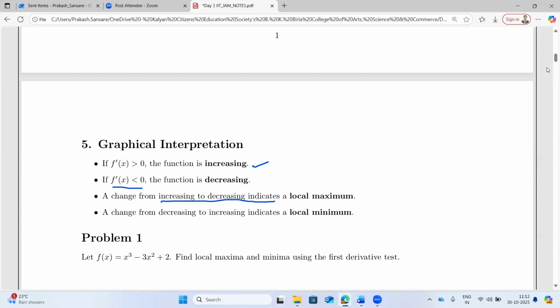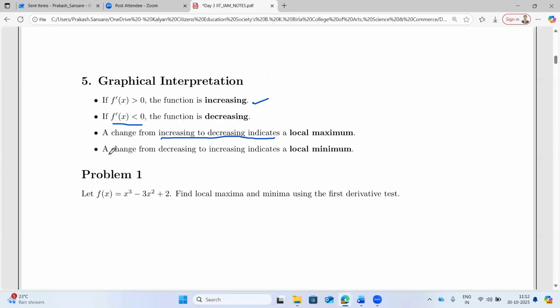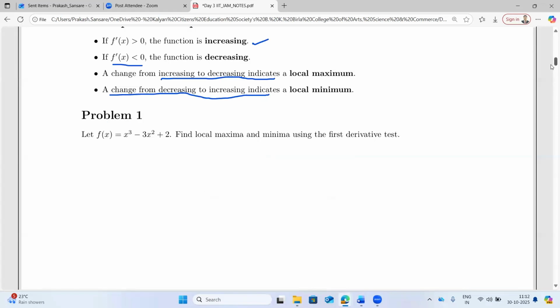Hence when f'(x) changes from positive to negative, it is a local maxima. So basically the function is going this way graphically, and this point is the local maxima. Similarly, when it changes from negative to positive, it is a local minima in that neighborhood. A change from decreasing to increasing indicates a local minima.